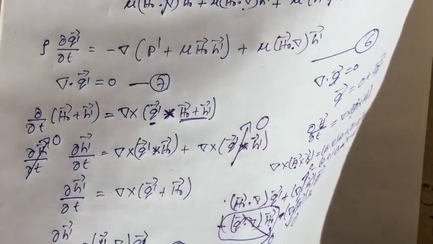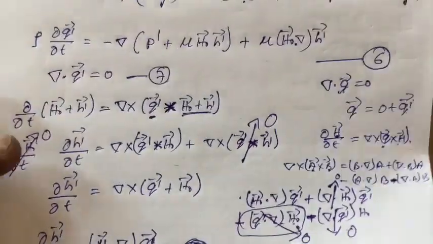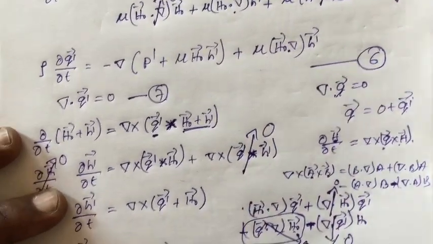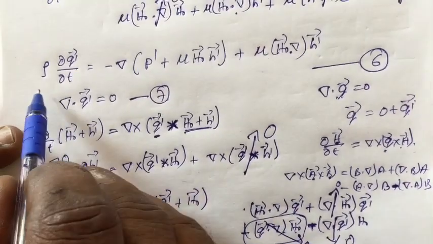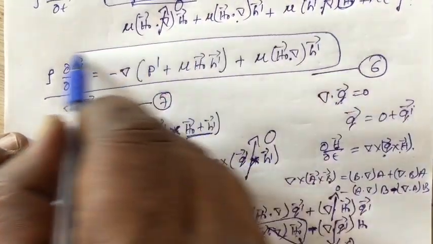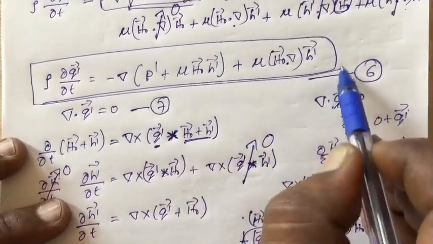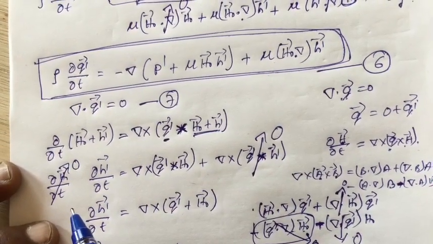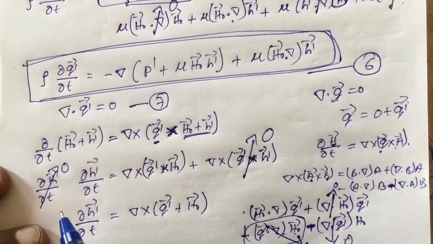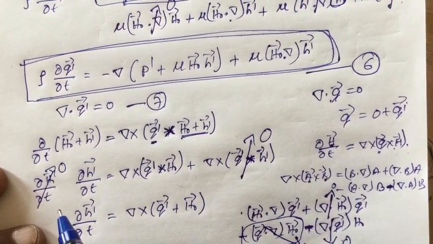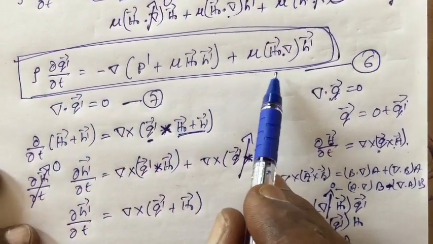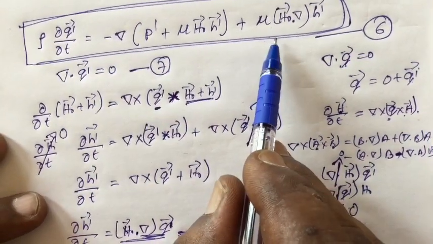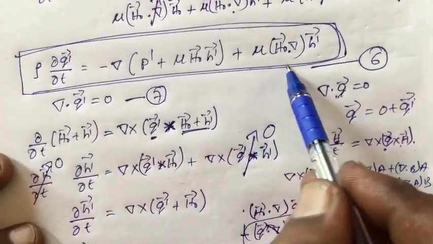Now, taking the divergence on the equation we obtained from the momentum equation, for this equation I am going to take the divergence. Now just take the divergence on both sides of this equation, equation 6.